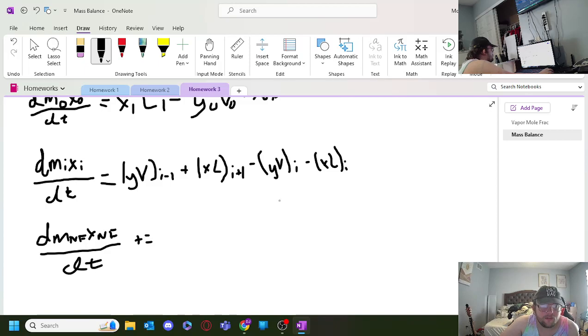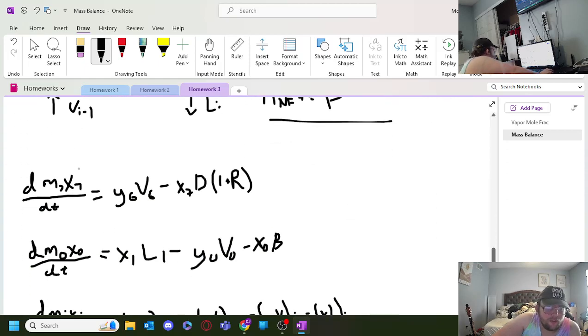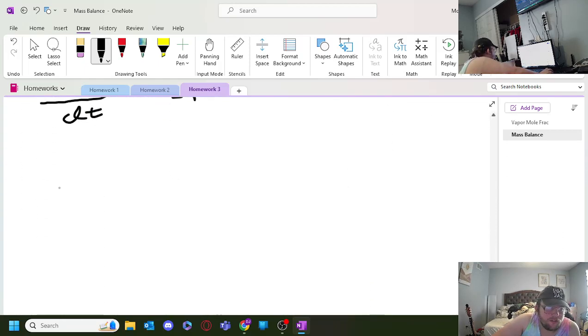Which is just the same as every other stage from 1 to 6, except now you just add on ZF. So now we got our DM and we got our DMX.